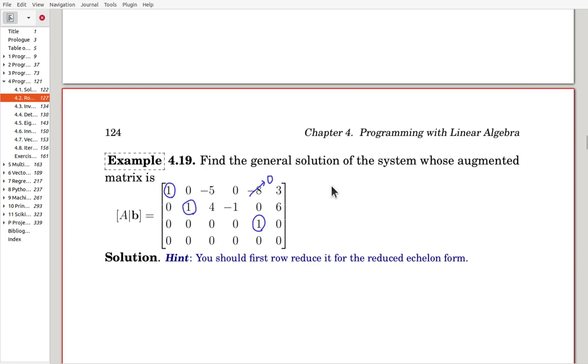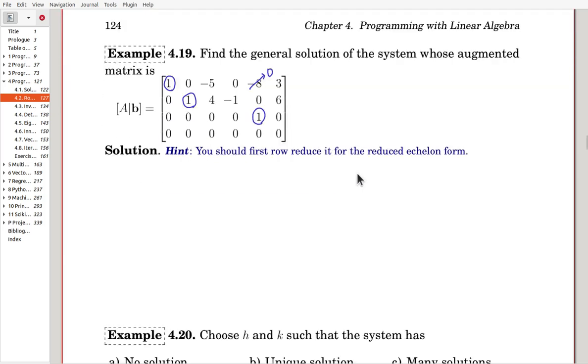Now, from this reduced echelon form, the algebraic equations can be written this way. The basic variables are x1, x2, and x5, and of course x3 and x4 are free variables.